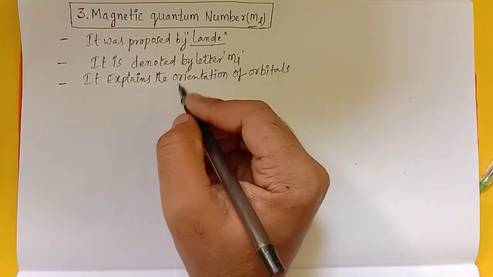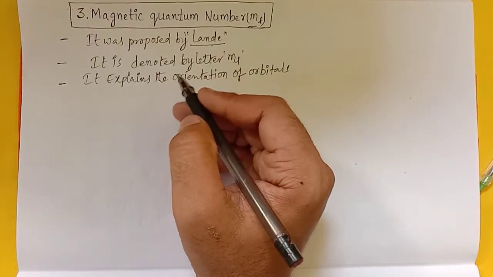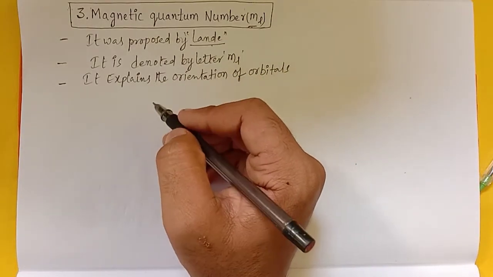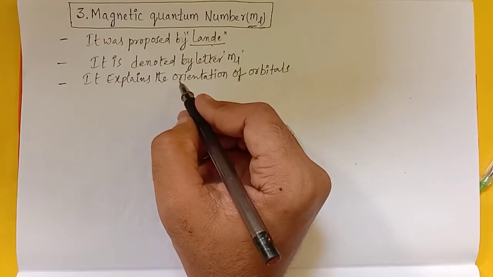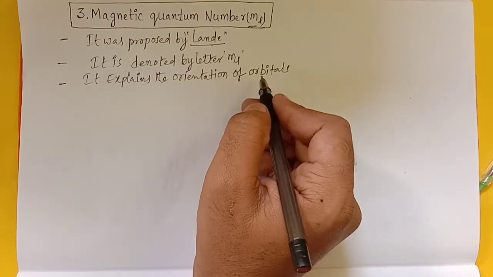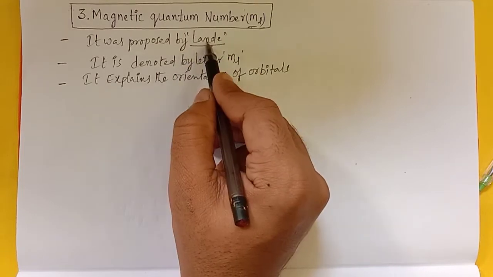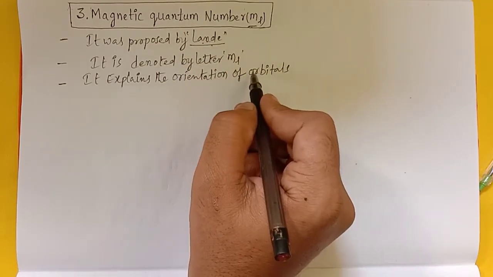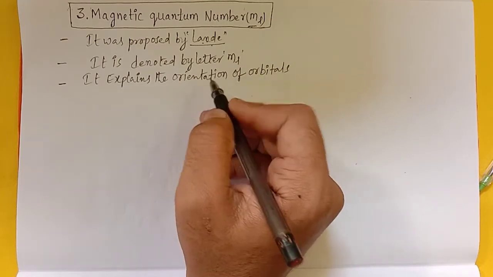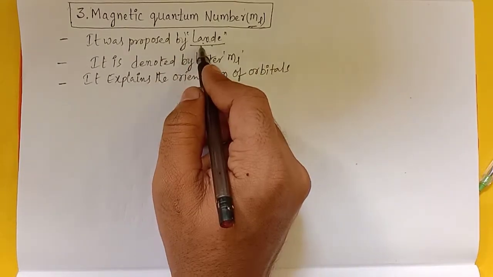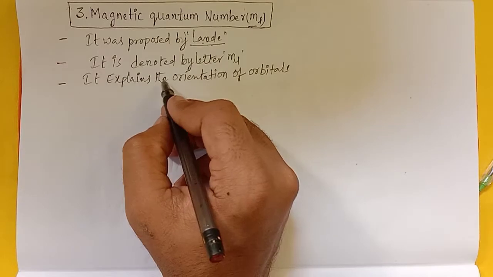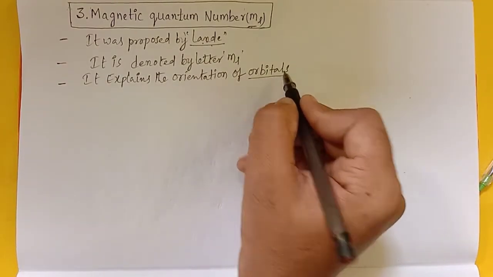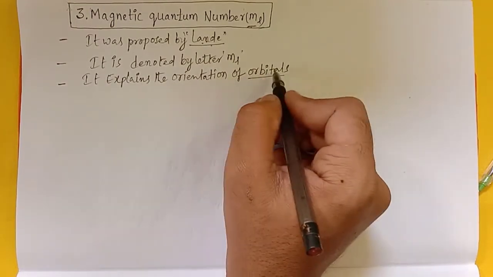In the angular momentum quantum number, Sommerfeld considered elliptical orbits as subshells, but according to Lande, in the subshell, some of the orbitals are oriented. So Lande has given a new word, the orbital. Orientation of orbital.